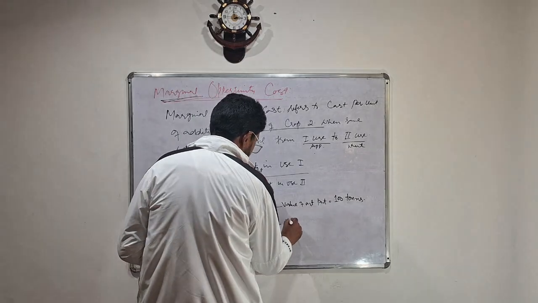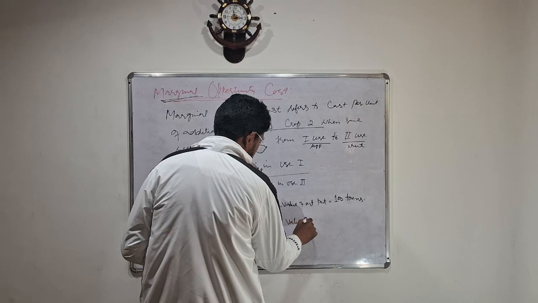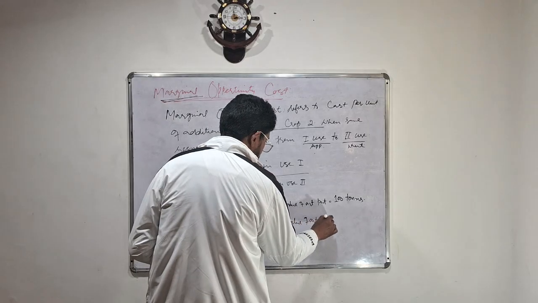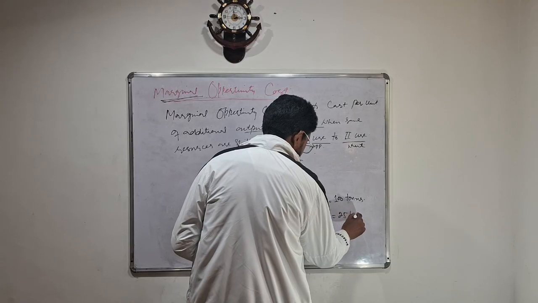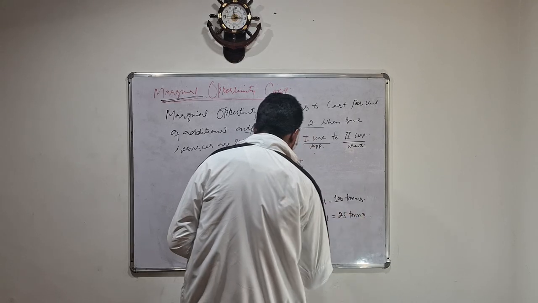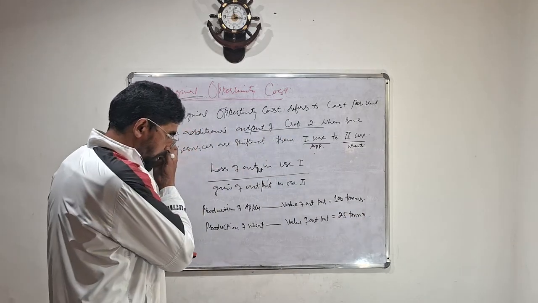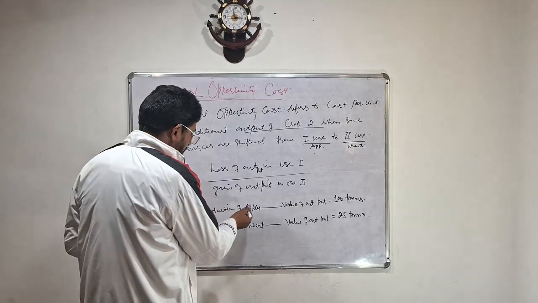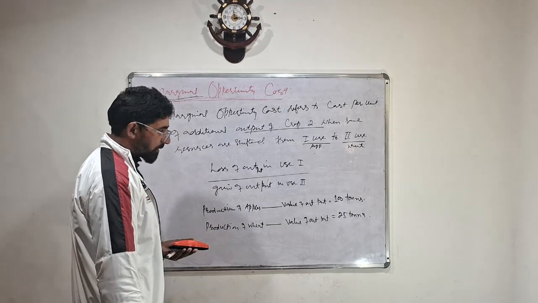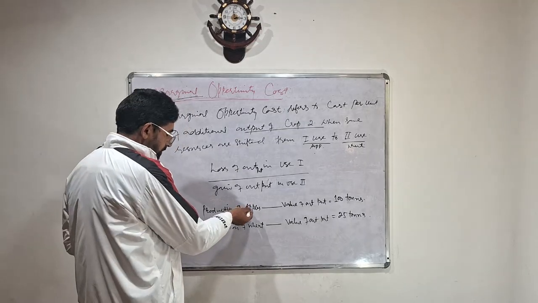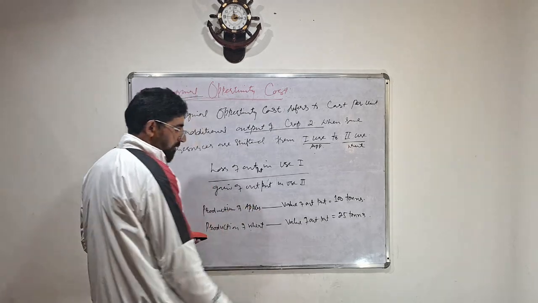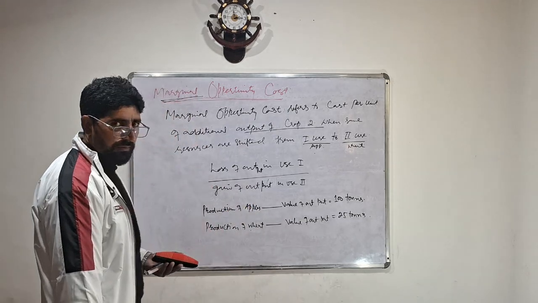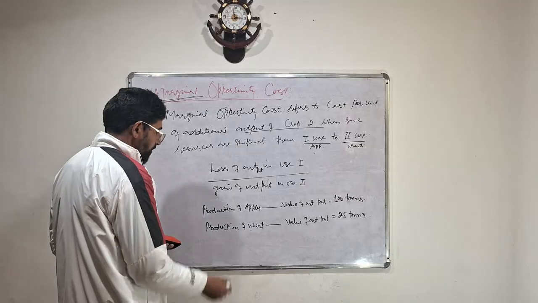Value of output equal to 0.5 tons. When some resources of production of apples have been shifted to produce a quantity of wheat, definitely there is a loss of output in production of apples.